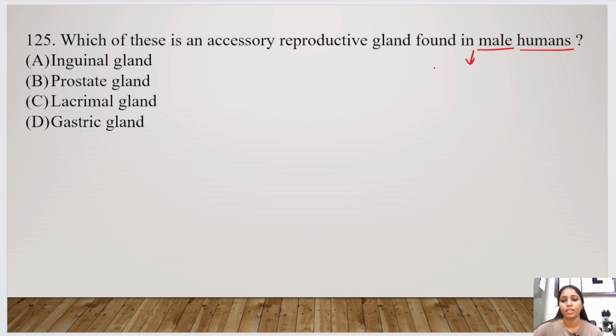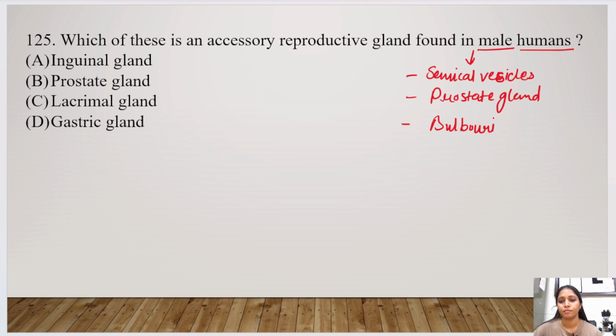First is the seminal vesicles, second is the prostate gland, and the other one is the bulbourethral gland, which is also known as Cowper's gland. So these are the accessory reproductive glands in male humans.